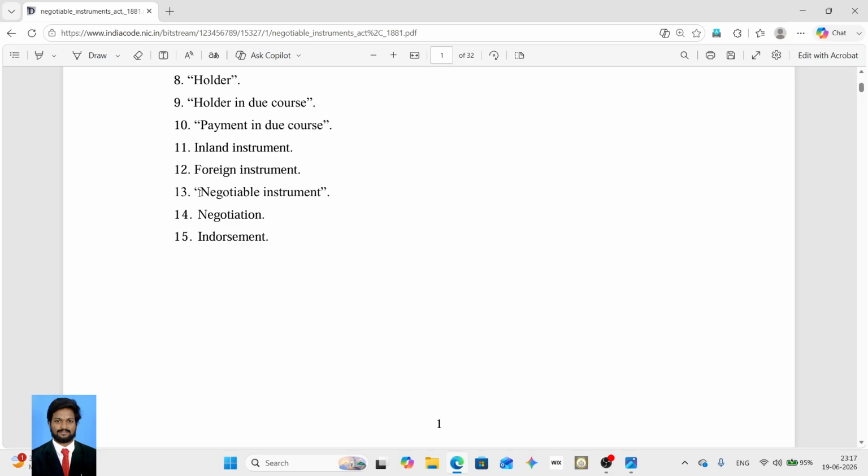The name of the act itself is Negotiable Instruments Act, so we have to read section 13 also.